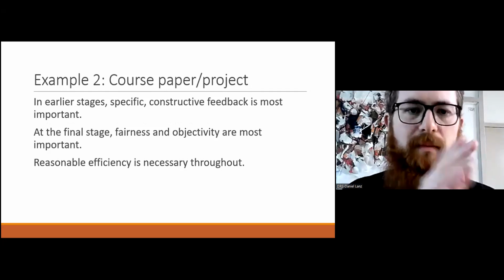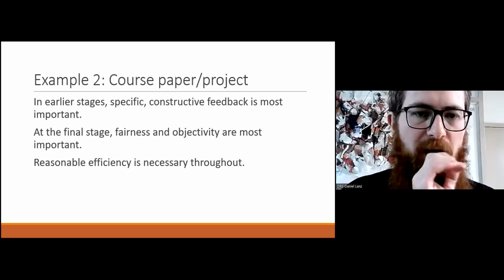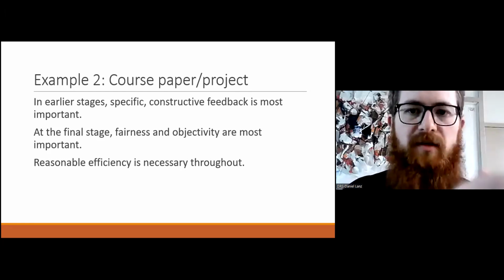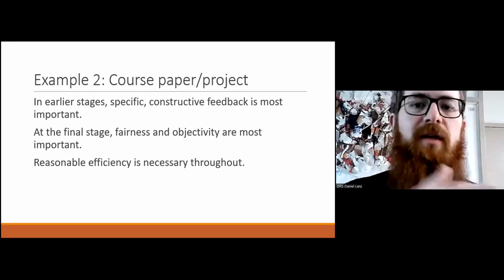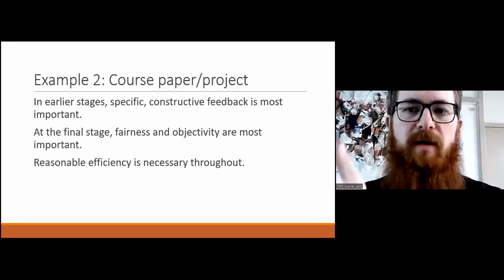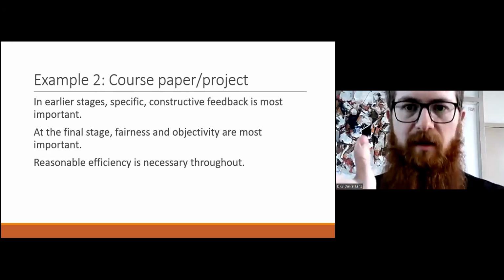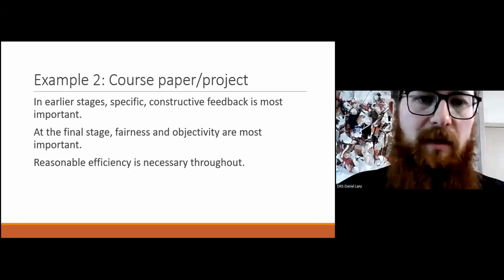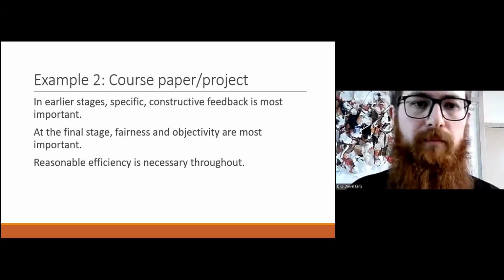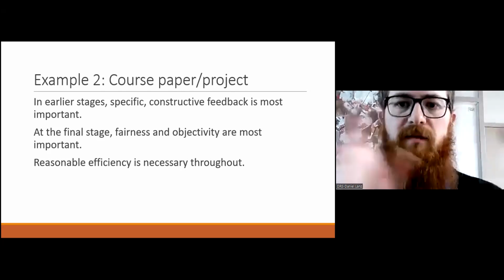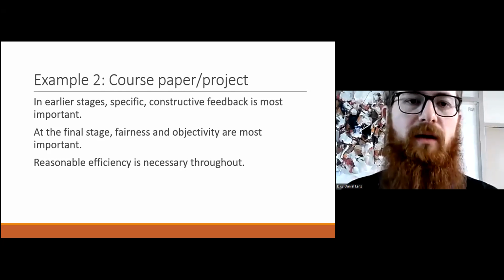So in some form, typically, what these look like in my course is that there are going to be early drafts. There's going to be some kind of feedback that they get on earlier drafts, and then at the end they submit the final draft. And I would expect that at that stage they've incorporated some of the feedback from earlier drafts. And here there's kind of a different situation depending on where you are in the course.